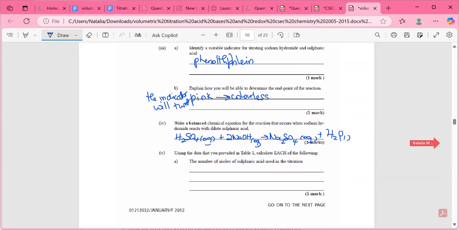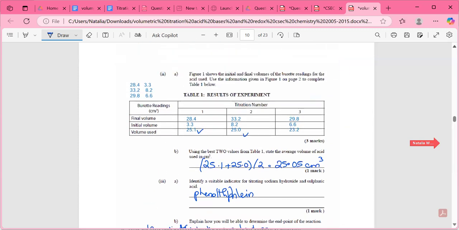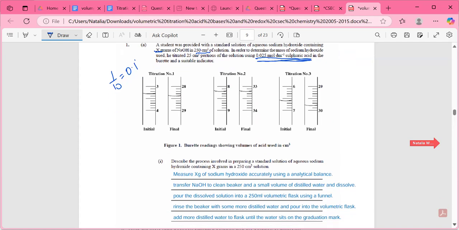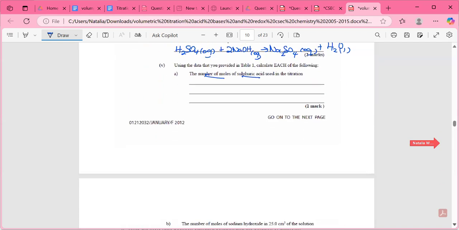Using the data provided in table 1, calculate each of the following. The number of moles of sulfuric acid. So remember, sulfuric acid is my solution of known concentration. The concentration given is 0.025 moles.